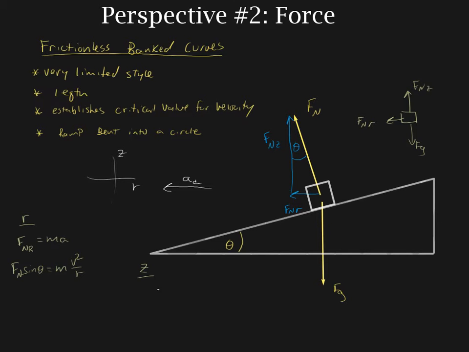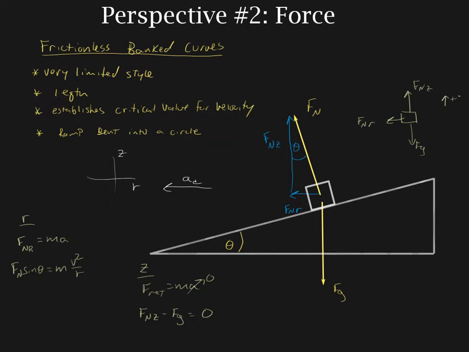Okay, so in the z dimension we have Fnet is equal to ma, or Fnz minus Fg is equal to 0 because in this z dimension it's in equilibrium. Now, the z-axis, or that z-dimension, follows the normal sign convention.